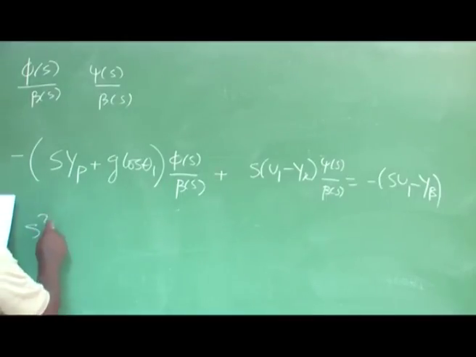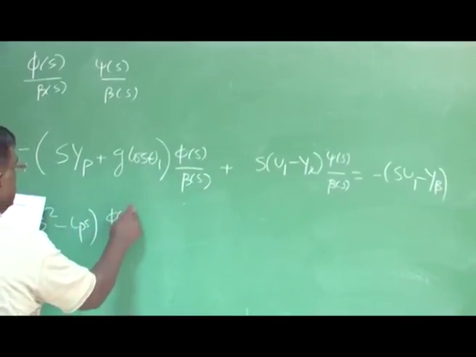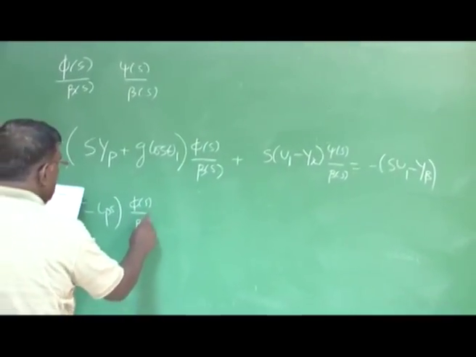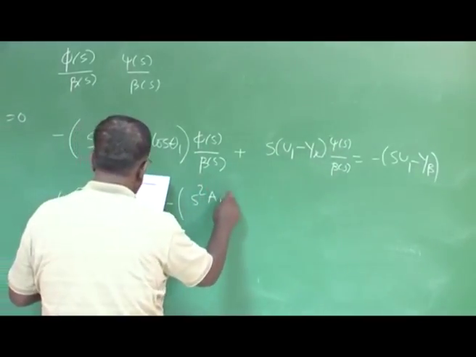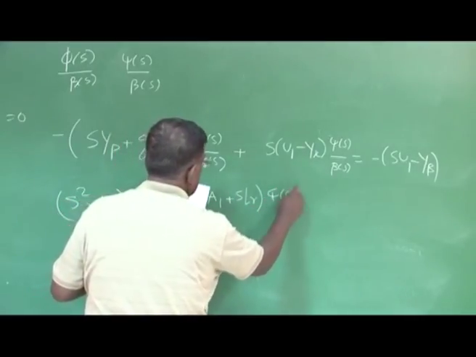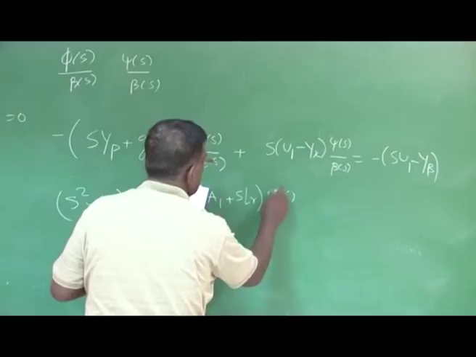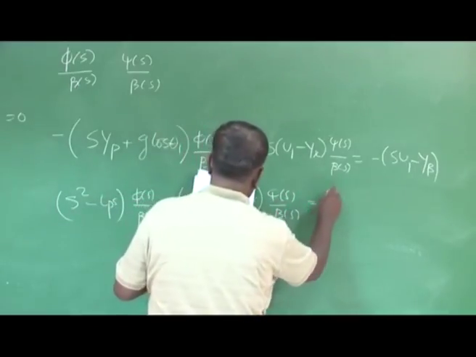Similarly, I have S square minus L p S, phi of S by beta of S, minus S square A1 plus S L r into psi of S by beta of S equal to L beta.